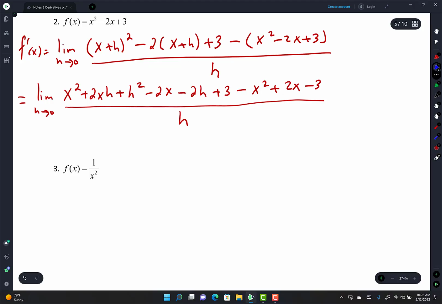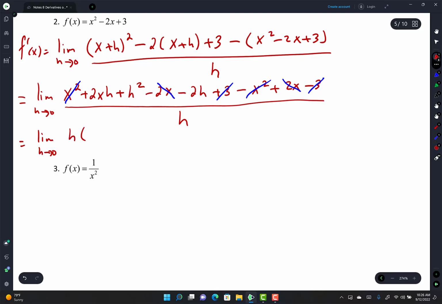The 3's zero out. The x squares zero out. The 2x's zero out. If they don't, something's wrong somewhere. What can I factor out? An h. I think it's worth it to do another line here. Limit as h approaches 0. You don't have to.